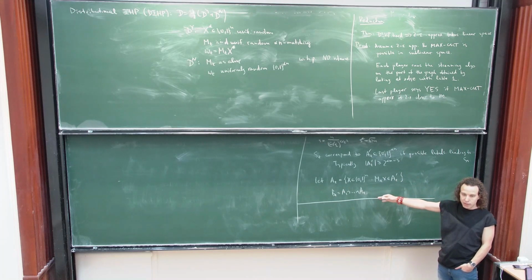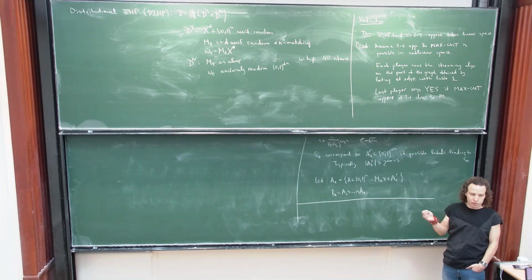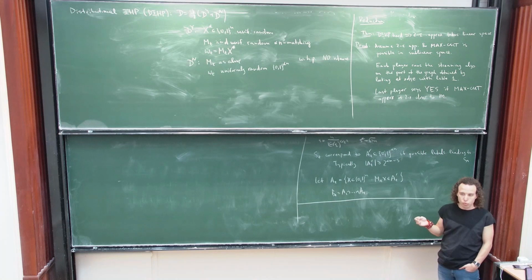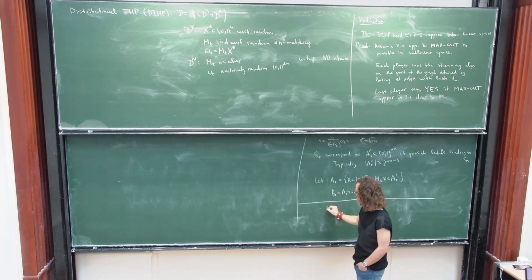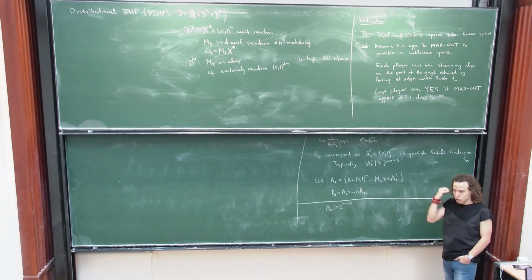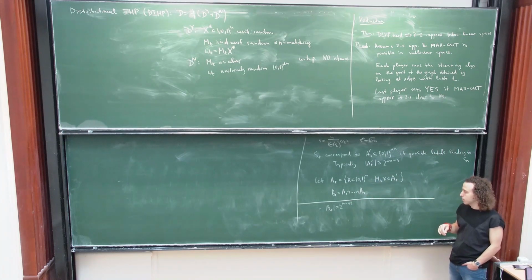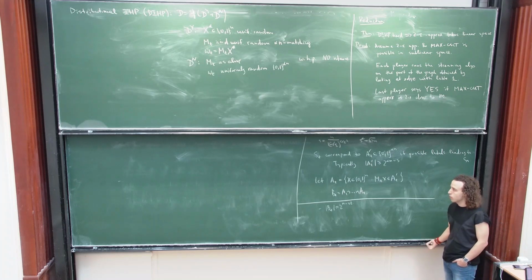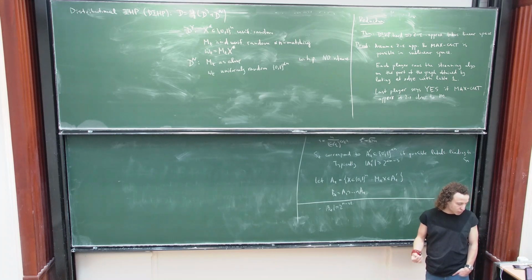Because once this set is very small, it only has like 5 vertices, then it's easier for the next player to rule out the whole set. So one of the hypotheses is going to be that the size of B_t is roughly 2 to the n minus st. So basically each time it gets reduced by roughly 2 to the minus s.